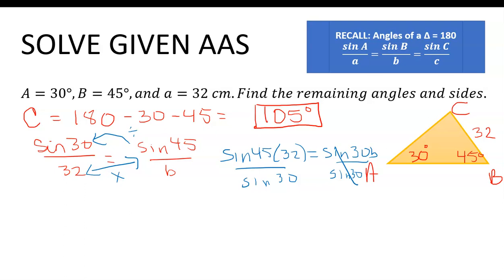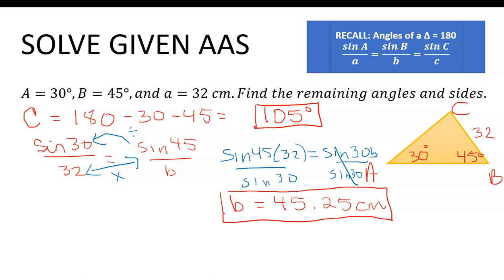Throw all that into your calculator, make sure you're in degree mode, and you will get that side b is 45.25, and this was given in centimeters. Now I can label this if I want to. This one over here is now 45.25.